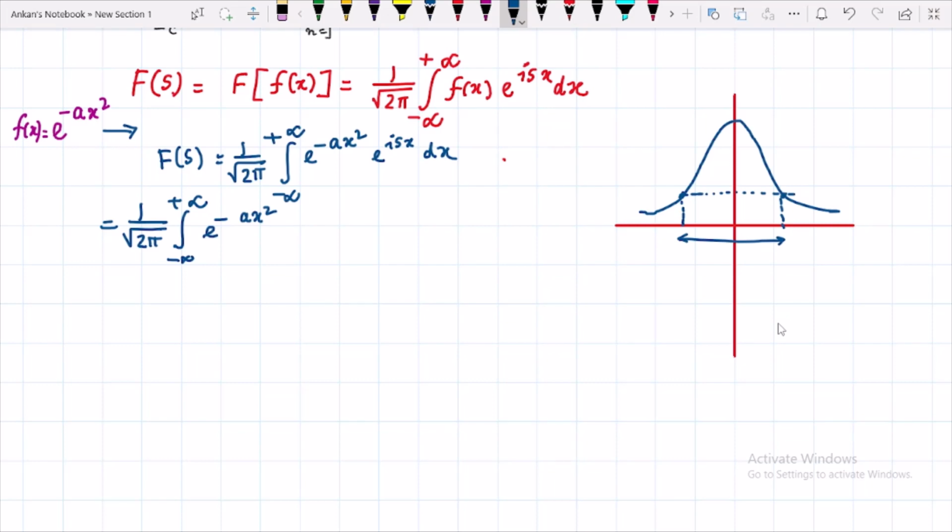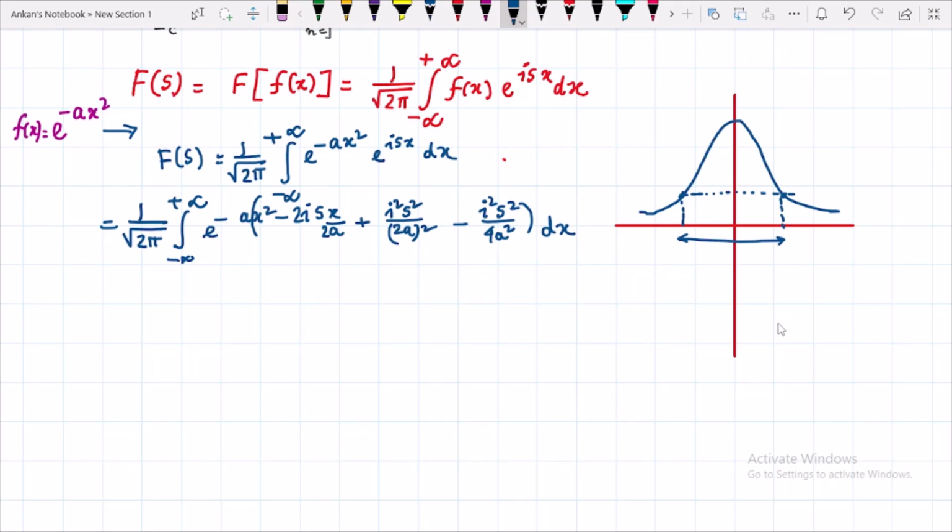Now you can make it a quadratic form by taking a as common. How? Minus a times x square minus isx by a, plus i square s square divided by 4a square, whole. This term is new, so it must be subtracted. So I have written it like this: i square s square divided by 4a square.